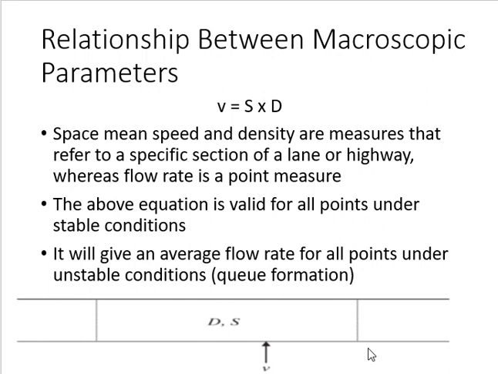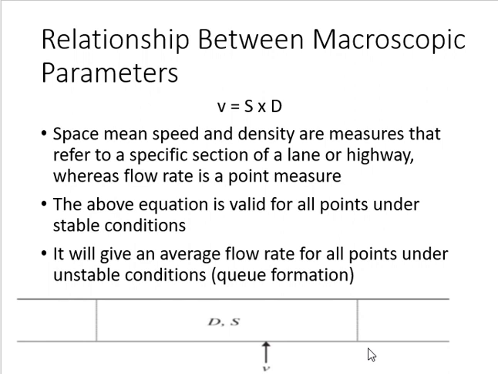Density is over the distance, same. What about flow? I can have flow at the starting point, the end point, or the midpoint. There is no distance involved, so I can get flow at any of these points and may have different values, because I am counting cars passing me. So how will this equation work if S and D are not changing and v can change? It doesn't work like this.